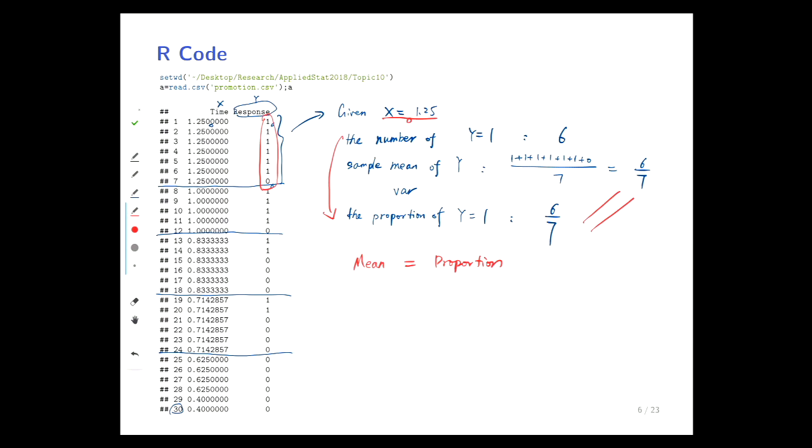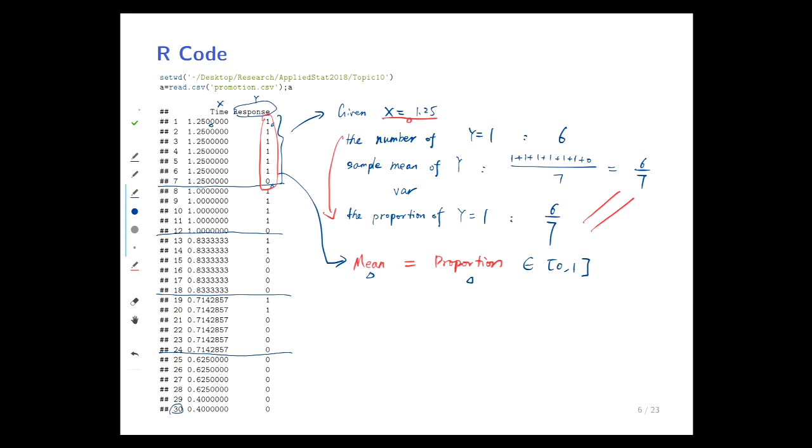Because it's a proportion, we have this very important observation here that a proportion is within 0 and 1, obviously. Because for this kind of binary variable the mean is exactly equal to the proportion, that means the mean can only be within 0 and 1. That's the most important feature for this binary response variable.